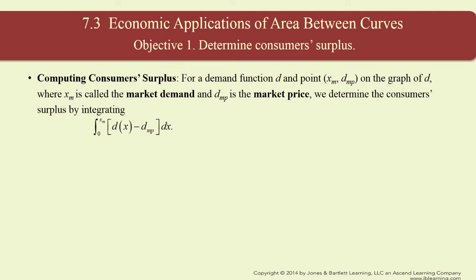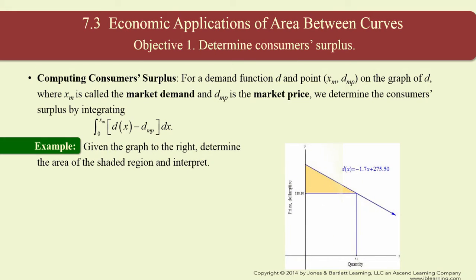Top curve minus bottom curve. And notice the limits of integration are 0 to market demand, x sub m. So top curve minus bottom curve. It's just like we saw before on how you find area between two curves.